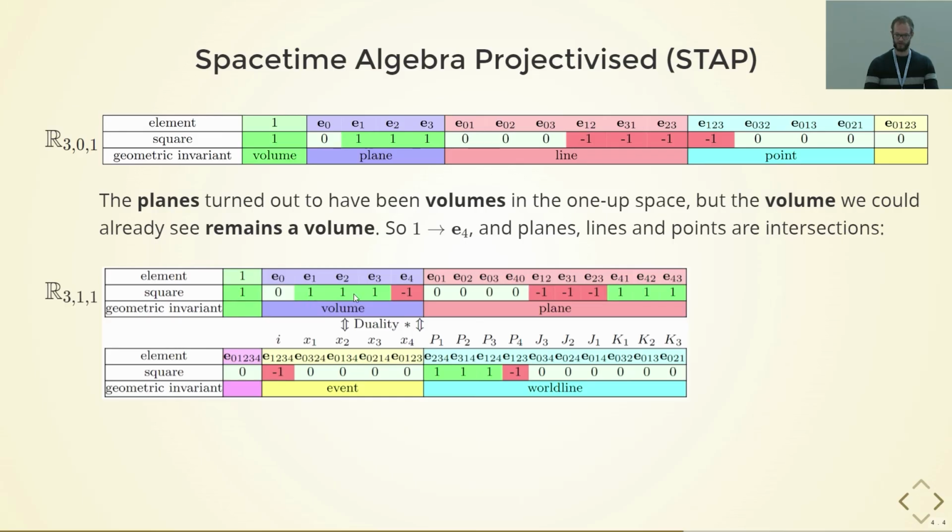And now I have 3 basis vectors squaring to a positive number, 1 squaring to a negative number. And those are volumes. And now again I can start intersecting volumes, 2 intersect into a plane, 3 intersect into a line, and 4 intersect into an event.